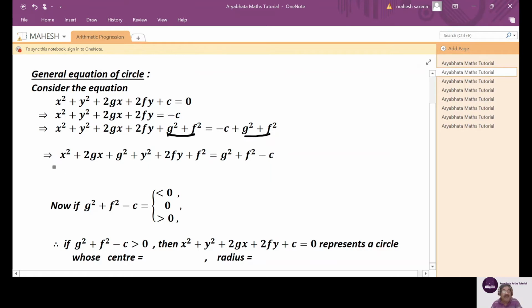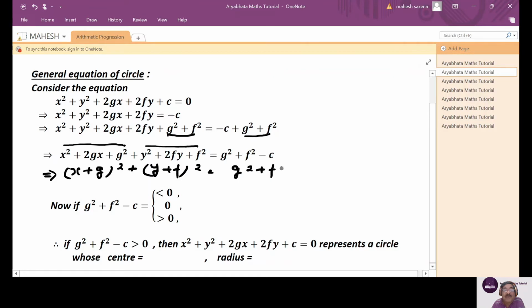This can be written as x square plus 2gx plus g square, y square plus 2fy plus f square is equal to g square plus f square minus c. This equation can be written as (x plus g) whole square plus (y plus f) whole square is equal to g square plus f square minus c.